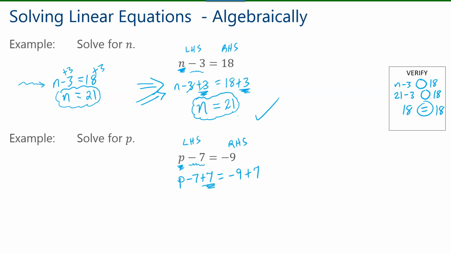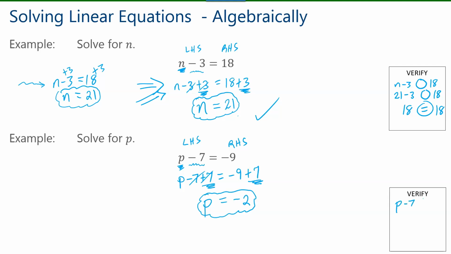I added 7 on the left, I must add 7 on the right. What happens here now? Subtract 7 plus 7, 0. Left with p, 1p. -9 plus 7, if you think back to your work on integers, that will equal -2. P equals -2.